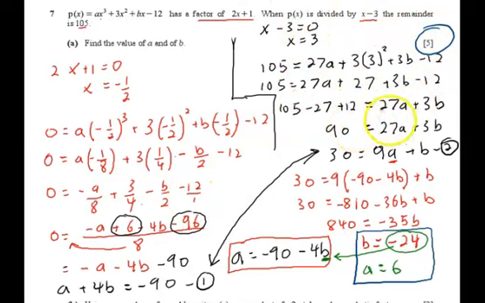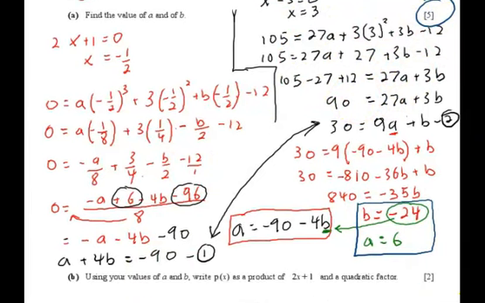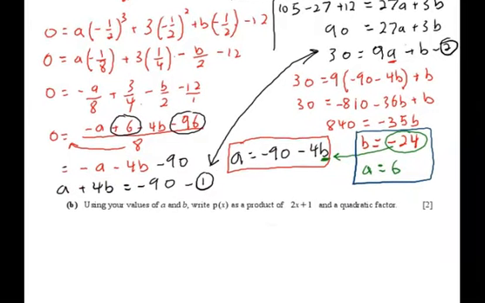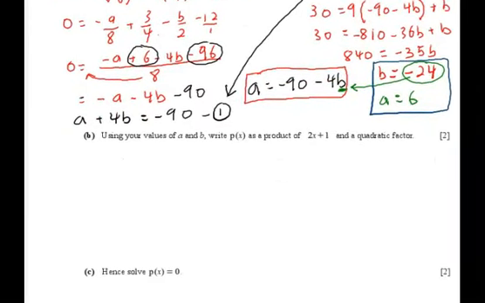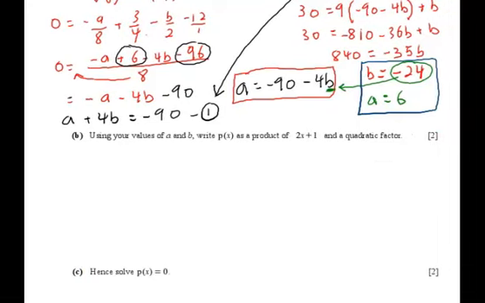Alright, so we move on with the next question here. Now, using your values of a and b, write P(x) as a product of this and a quadratic factor.